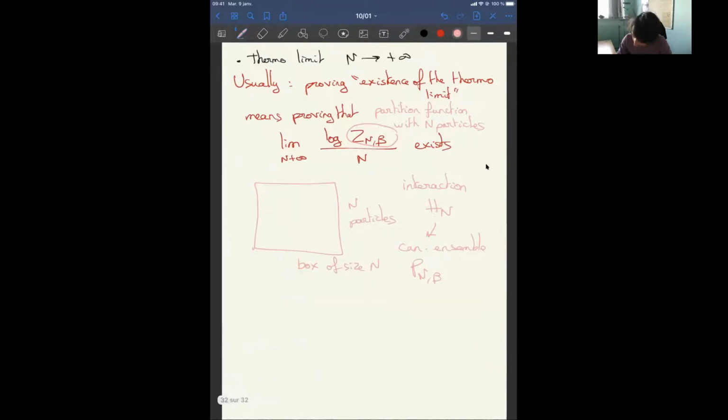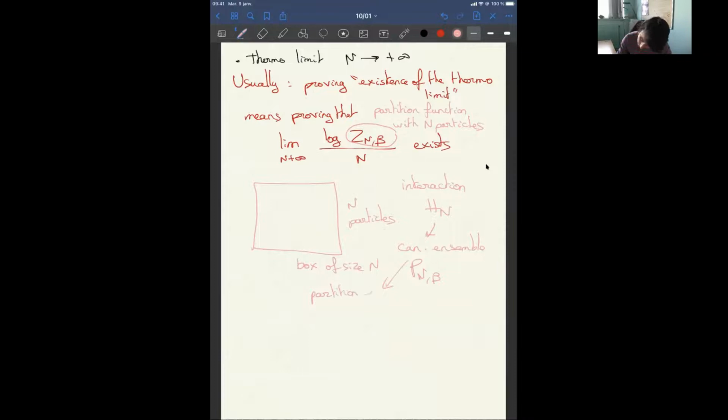And there's also the partition function, which is the normalizing constant. That's Zn beta. And then once you've defined that object, you're asking whether this limit exists.